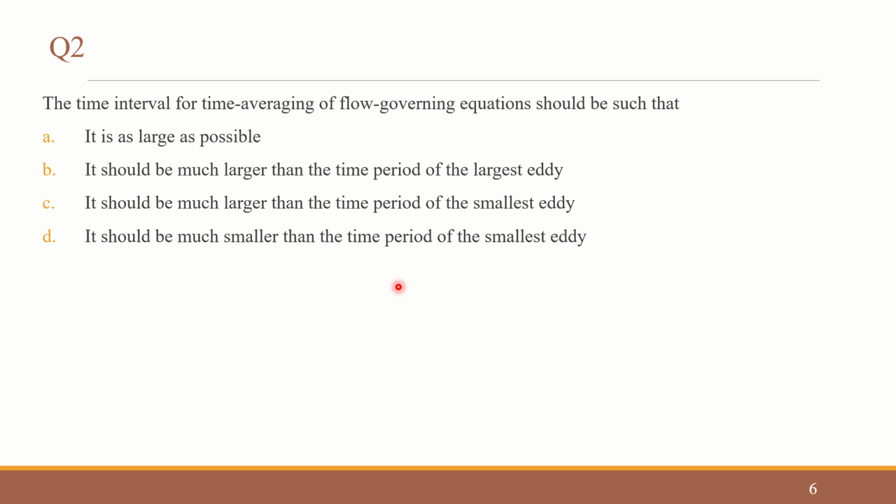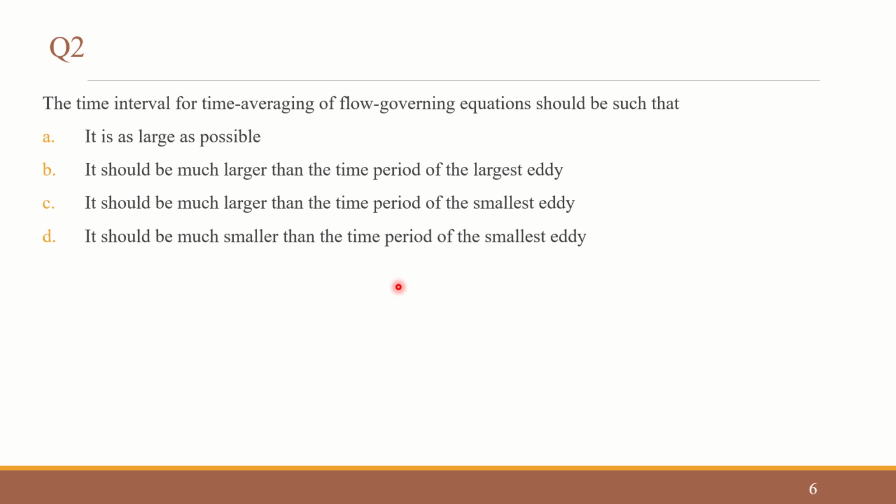It should be larger than the time period of the largest eddy, because only then we will get to know the complete information regarding the largest eddy. So option A means that it is as large as possible, but it doesn't give any quantitative information on the time.